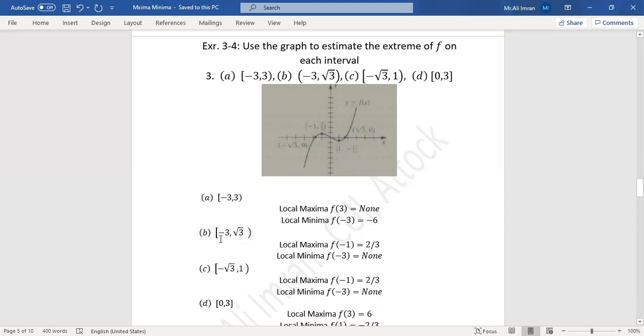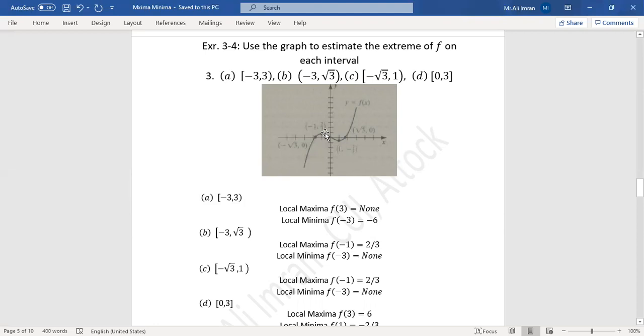Now part b, -3 to square root of 3. Now we have domain x from minus 3 to square root of 3. So this dot shows x is equal to square root of 3. Now local maximum. If we look from this point to this point, this is the highest point.